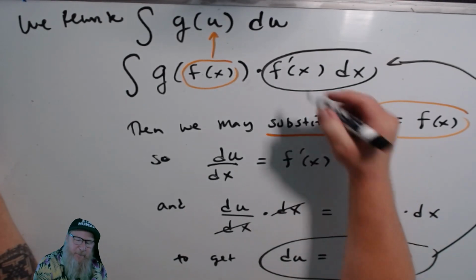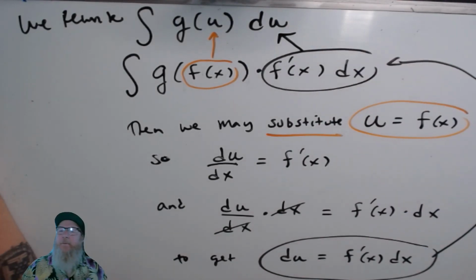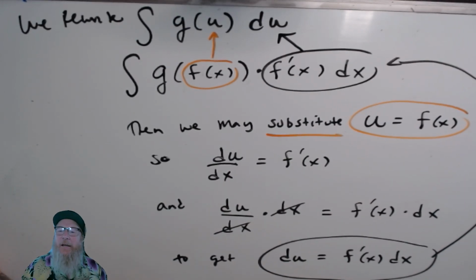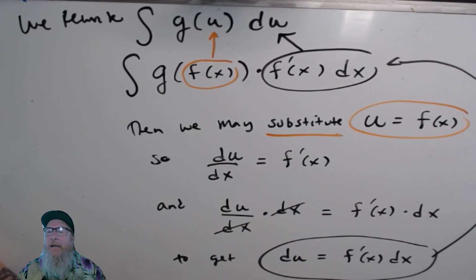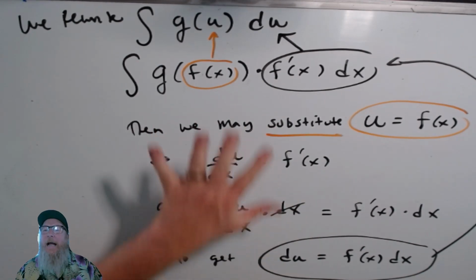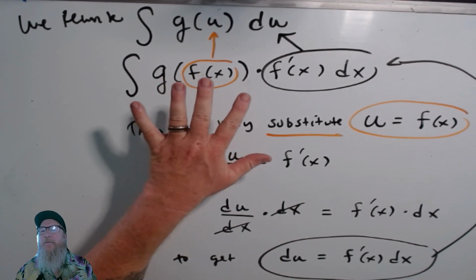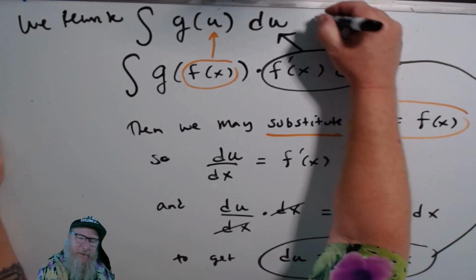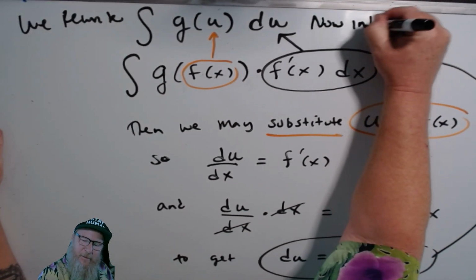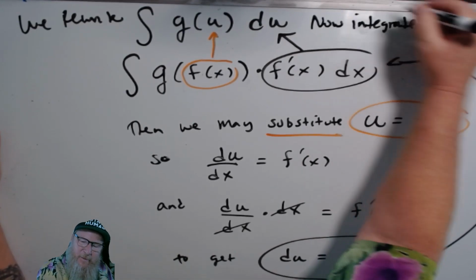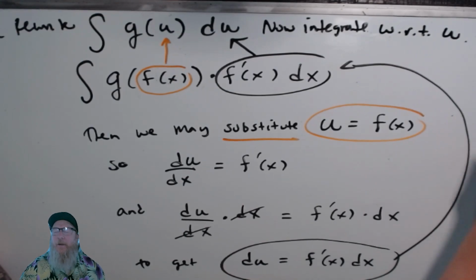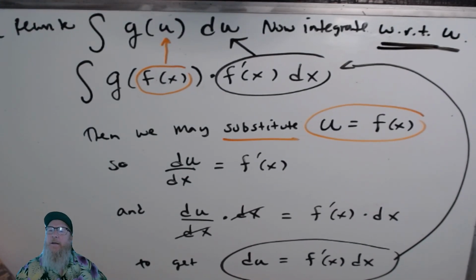It is a straightforward way. It requires some calculus, but it's a straightforward substitution of variables. So now our problem will be much simpler with respect to the new variable, which is now u.